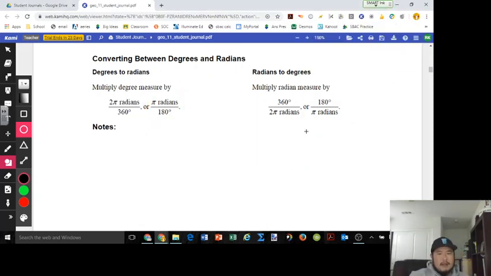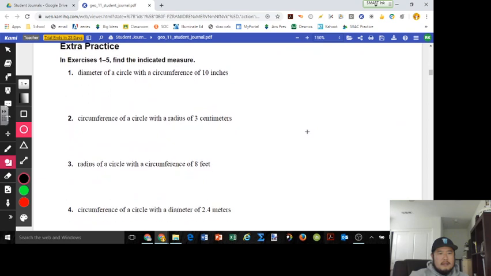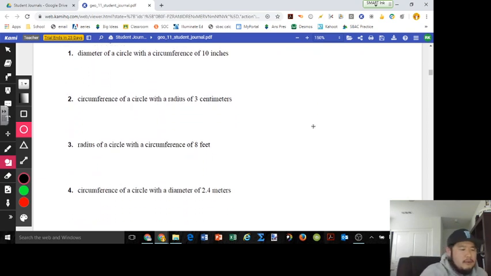Let's go ahead and take a look at how we're going to solve some of your homework questions. Problem number 1 right here says the diameter of a circle with a circumference of 10 inches. Now, if they talk about circumference, that should be a dead giveaway of which equation we need to use. We have 2 of them.